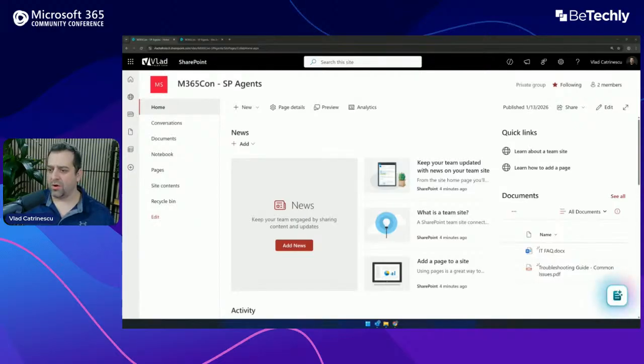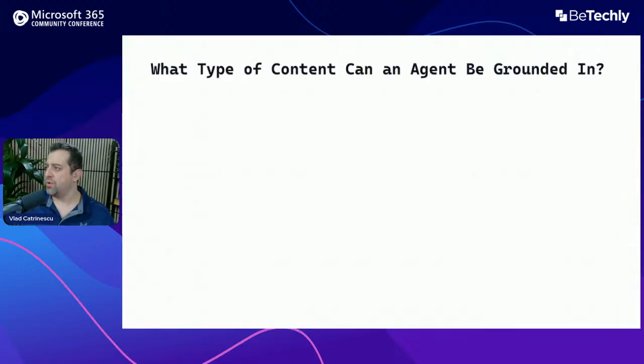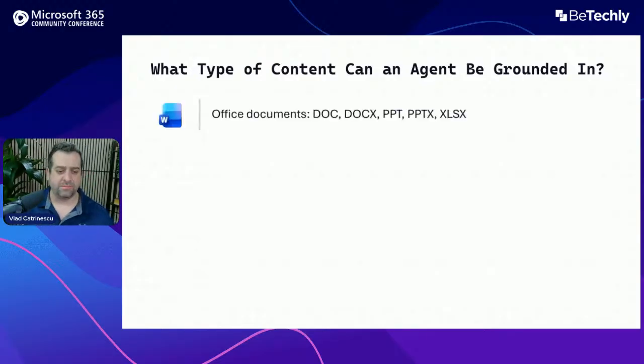Now, I know we don't have that much time left, so just a few things I wanted to put here on the screen as questions I often get. So let me make sure that you all see everything over here. There we go. You might be wondering, what type of content can an agent be grounded in?